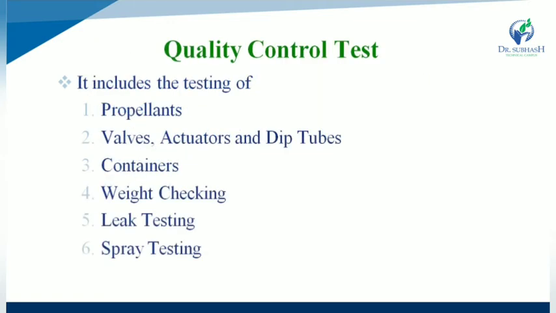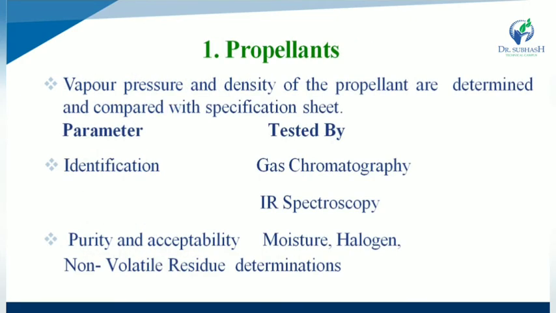Quality control tests include the testing of propellants, valves, actuators and dip tubes, containers, wet checking, leak test, and spray testing. We will discuss them one by one. First, for propellant: the pressure and density of the propellant are determined and compared with the specification sheet.